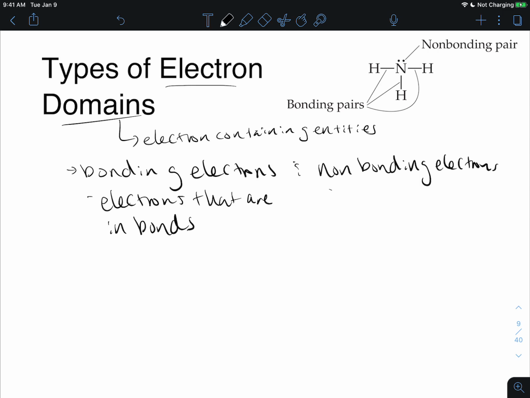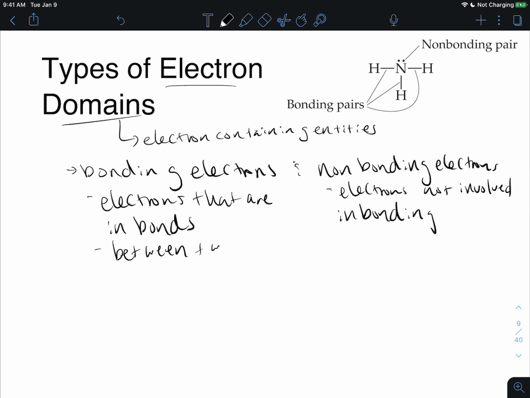And our non-bonding are electrons not involved in bonding. So our bonding electrons are going to be between two nuclei. And our non-bonding will be attached to only one atom.